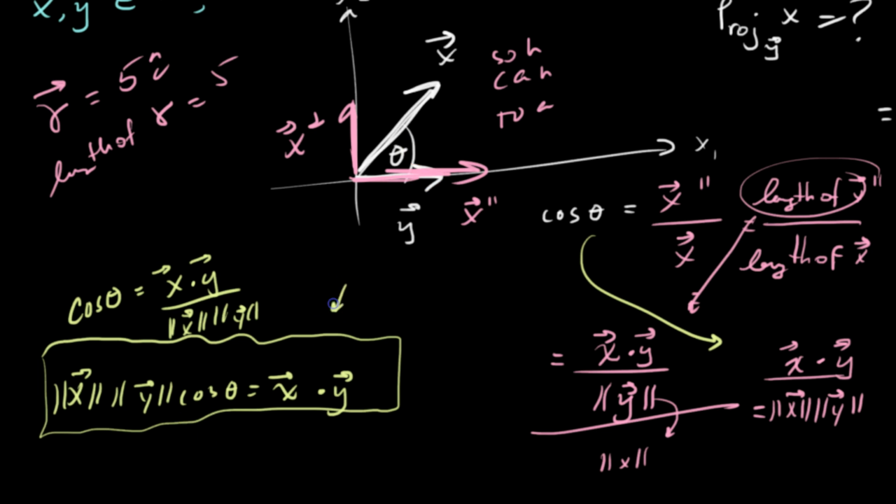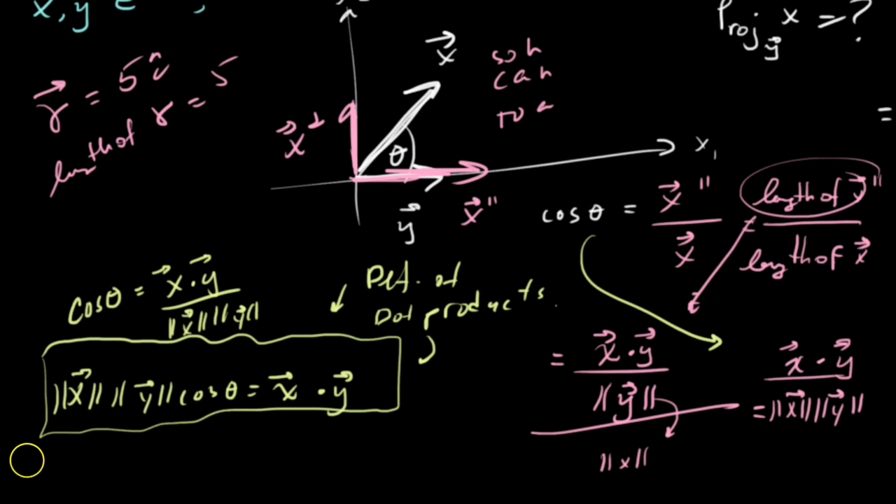Sometimes in physics this is used as the definition of dot product. Mathematicians, as I've shown in this video, use the definition of dot product as x1 y1 plus x2 y2 plus whatever else there is, but physicists use the definition as the magnitude of x, the magnitude of y, times the cosine of theta.